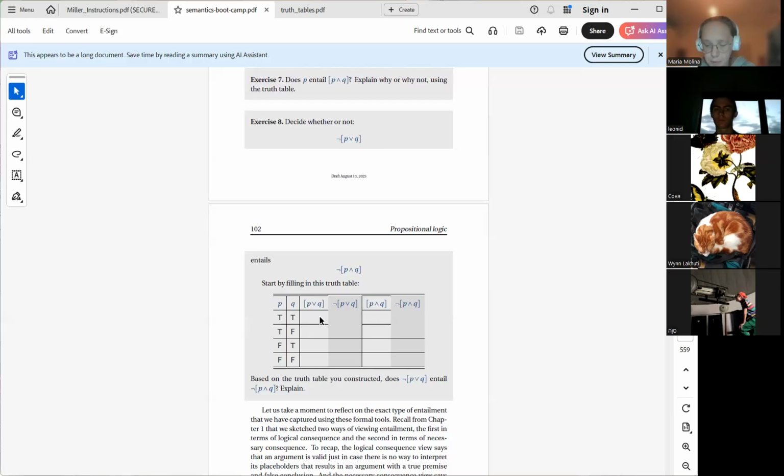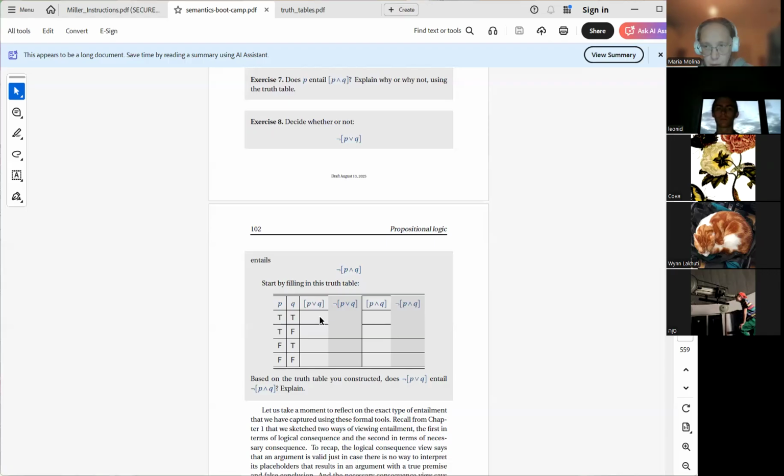P and Q, right. Now, if P is true but Q is false, what do we get in P or Q? True. Negation of P or Q? And the negation of P and Q, I think true.